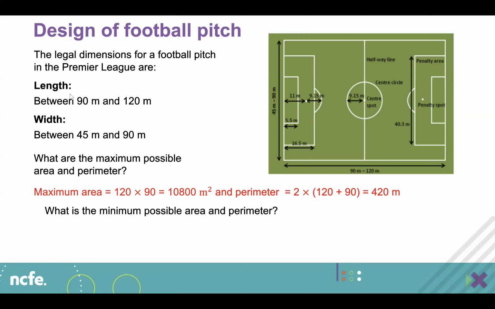So this would be 90 times 45 for the area, which is, if we check here, 90 times 45, which is 4,015 meters squared for the area, and for the perimeter, it would be 90 add 45 multiplied by 2, which would equal 270 meters. So that would be the answer.